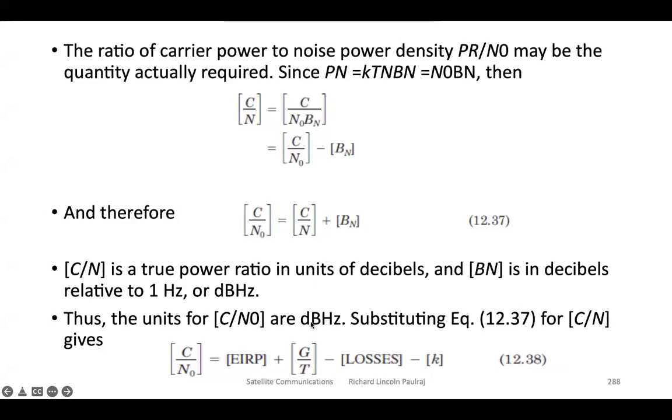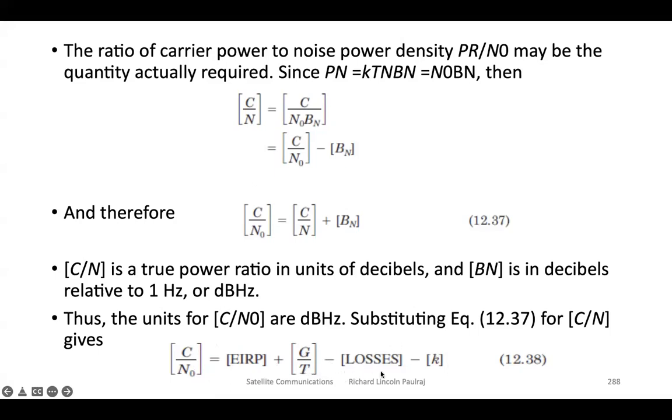These are also in terms of dB hertz. Suppose we substitute the terms that we have got here into equation 12.37, we should arrive at a final formula, which is C by N naught is equal to EIRP plus G by T minus loss minus K.